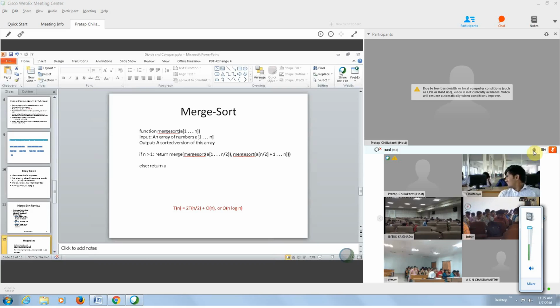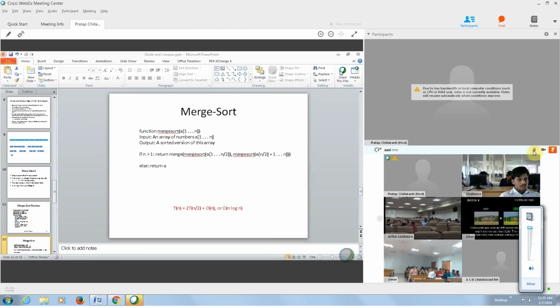If n is greater than 1, you continue to divide, and you return the value of the merge. That is a recursive function. You probably would have written a recursive function in programming, for example factorial, when you do n factorial, you write recursion. And I think even the Fibonacci sequence, you write recursion, if I'm not mistaken.